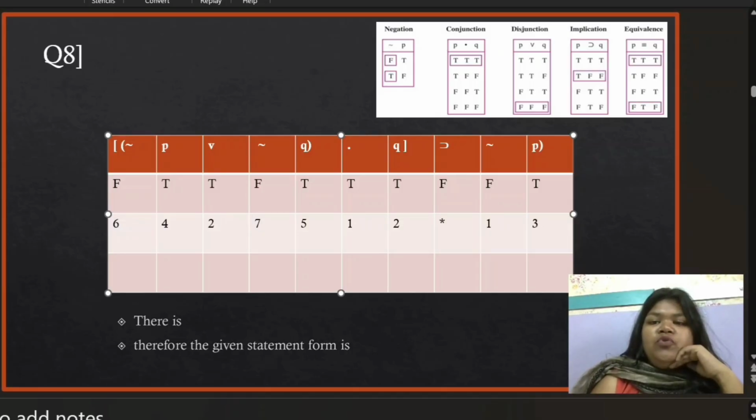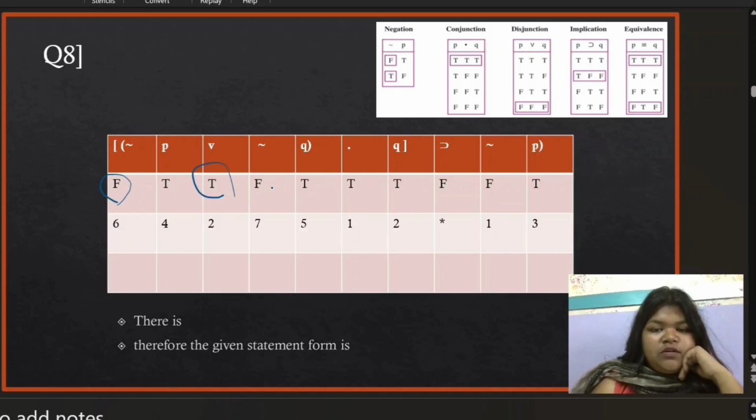Now going to check the inconsistency. So your answer F T F. Did you get FTF in wedge? FTF. No. So itself you got inconsistency.